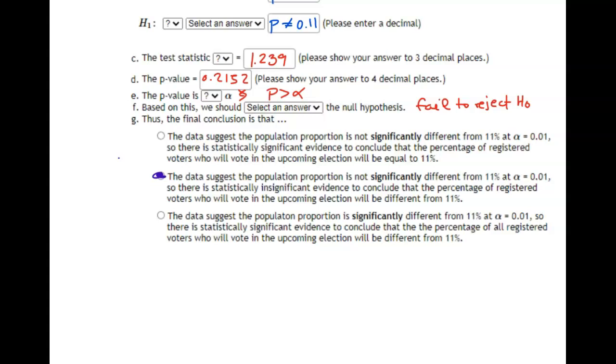When you fail to reject a null hypothesis, you don't conclude that there is evidence that it's different. You conclude that there's not enough evidence to prove that it's different. I know it's subtle, but that's what happens.